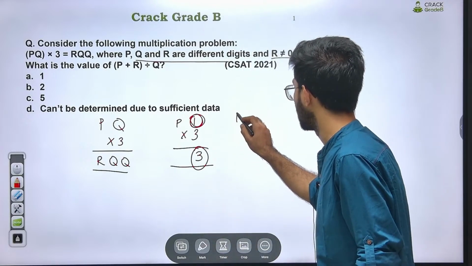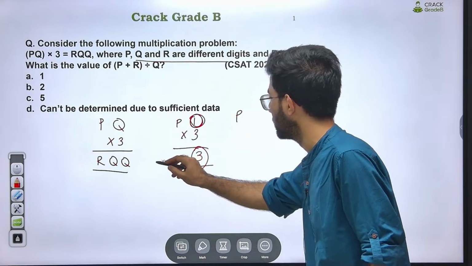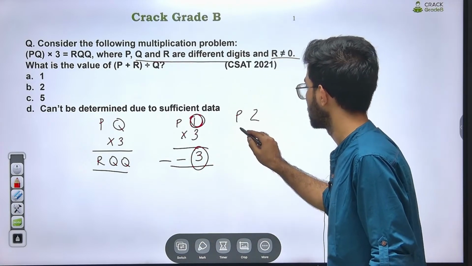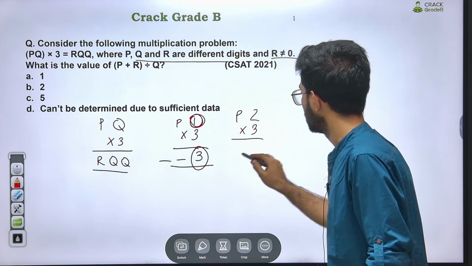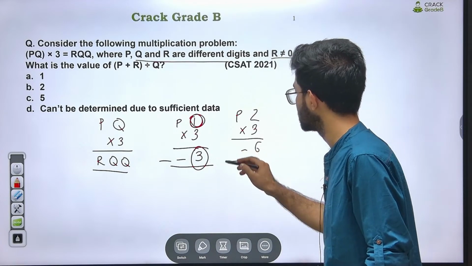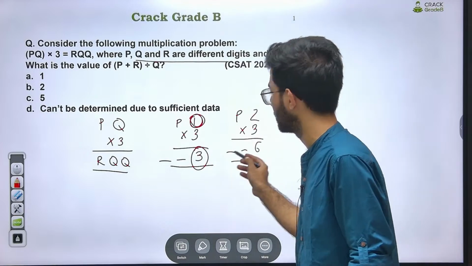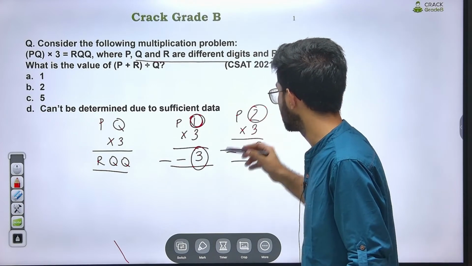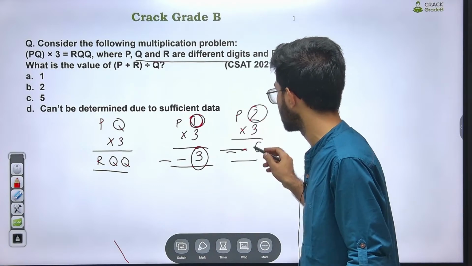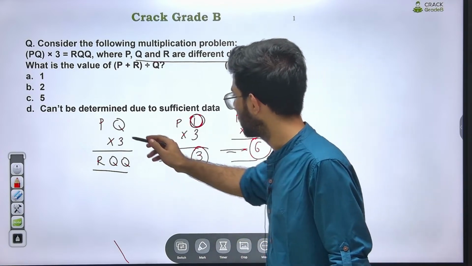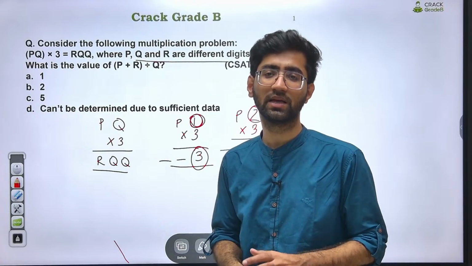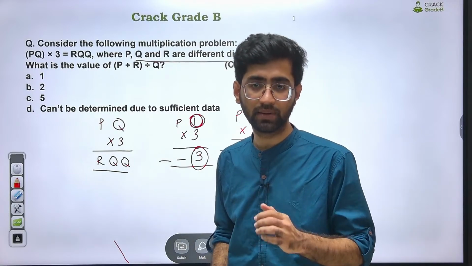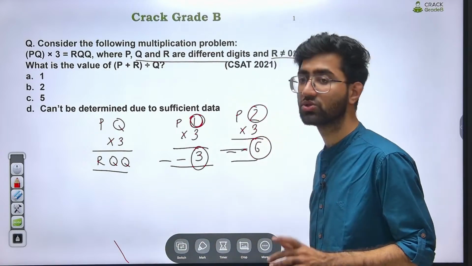We are not thinking about other digits right now. Let us assume that the value of Q is 2. If you multiply 2 with 3, you get 6, but the question says that if you multiply Q by 3, you should get Q. So Q is not 2.